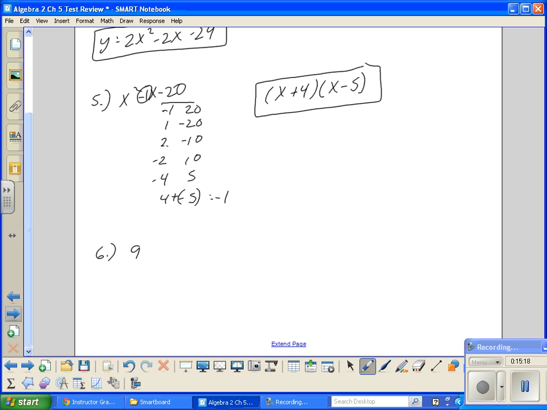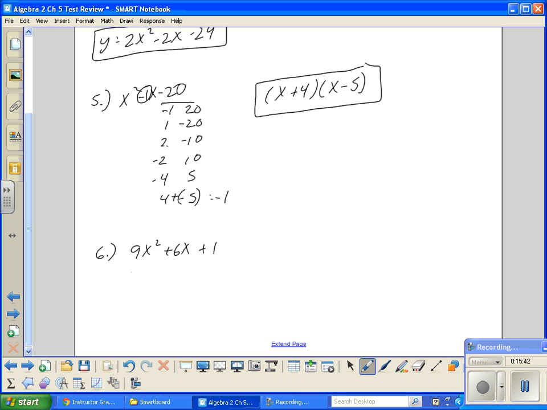6. We've got 9x squared plus 6x plus 1. Look at the first term, it's a 9, which is a perfect square. The last term is a 1, which is a perfect square. So we've got two perfect squares.